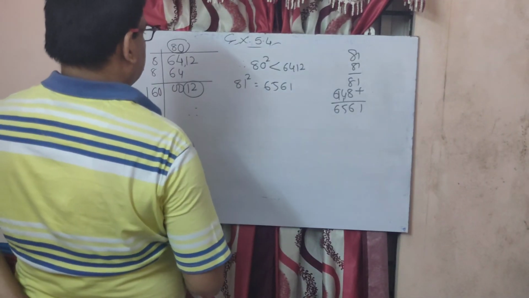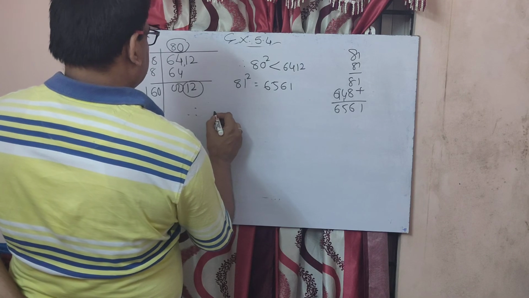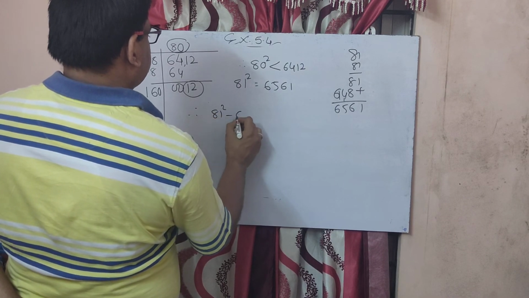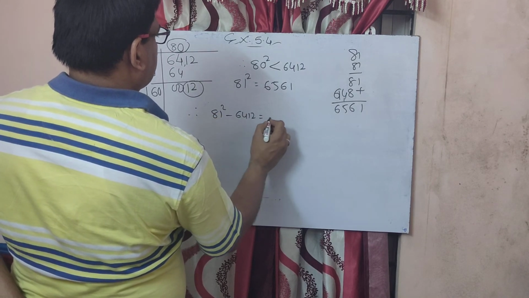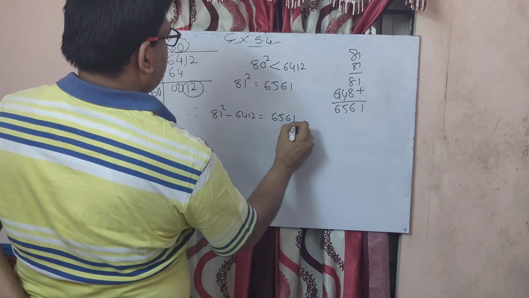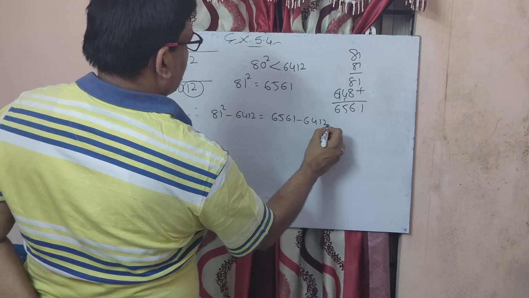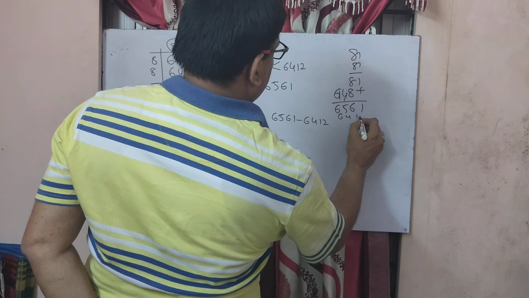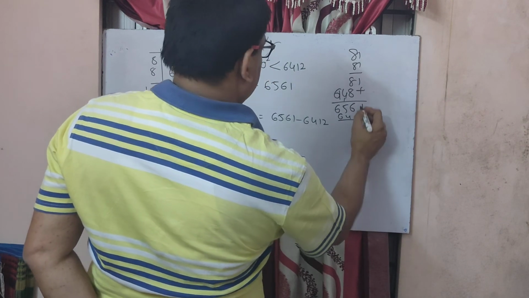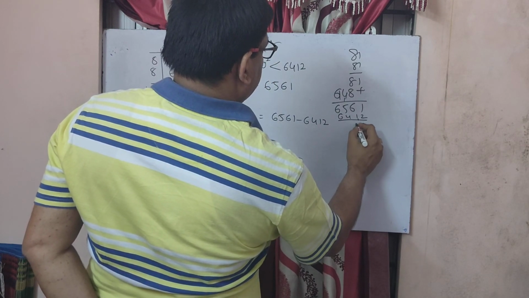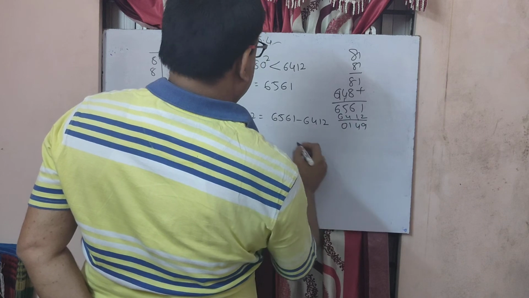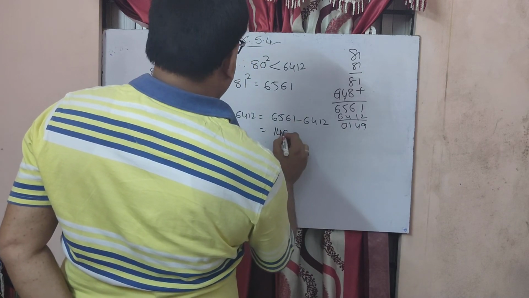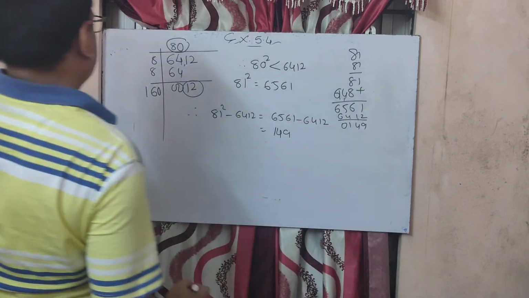Therefore 81 square minus 6412 is equal to 6561 minus 6412, which is 149.